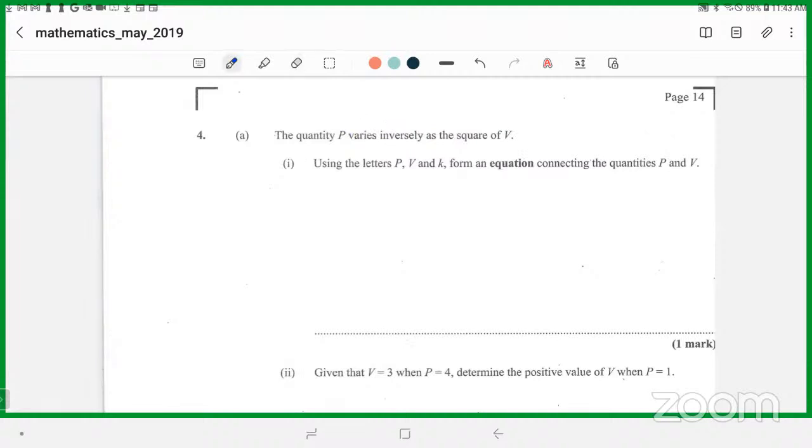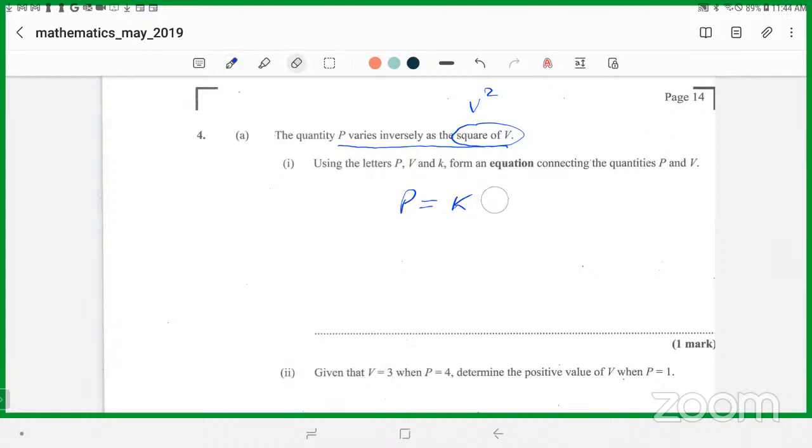What is the question saying to do? It says using the letters P, V, and K, where K is a variation constant, form an equation connecting quantities P and V. So basically they're asking us for the formula, right? Connecting the P, the V, and the K. Remember, this is a square of V, guys, which is V squared. So it means then that the formula is P is equal to K times V squared.